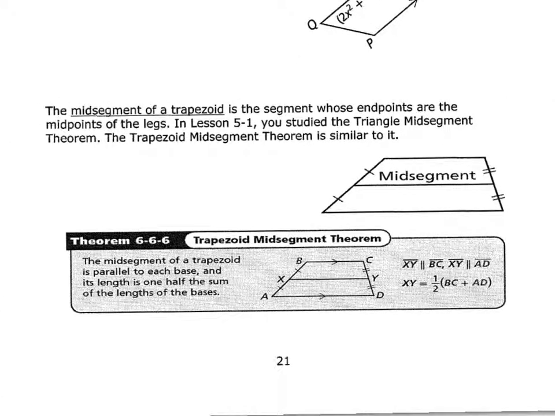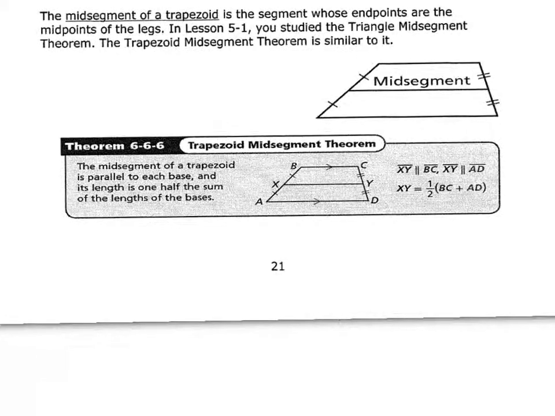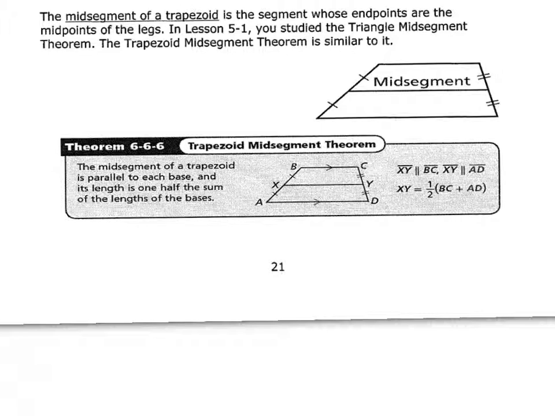The last property you need to know is right here. I'm going to go ahead and read that to you. It says the mid-segment of a trapezoid is a segment whose endpoints are the midpoints of the legs. The property that you need to know is that if you add this piece and this piece, the middle part is going to be 1/2 the length of this one and this one added together.